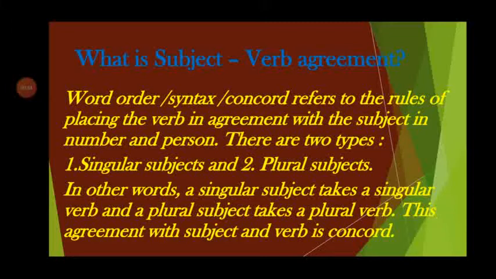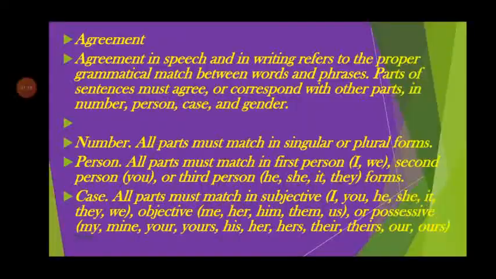There are two types, singular subjects and plural subjects. In other words, a singular subject takes a singular verb and a plural subject takes a plural verb. This agreement of subject and verb is called concord, word order, or even syntax.